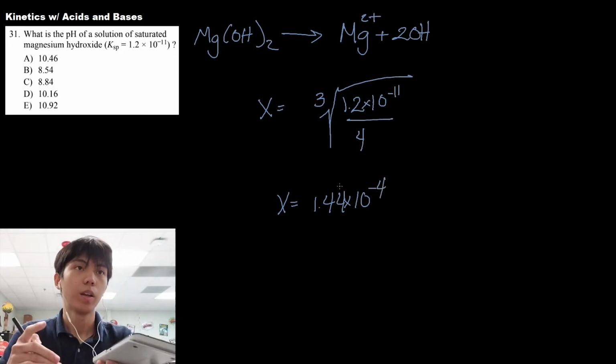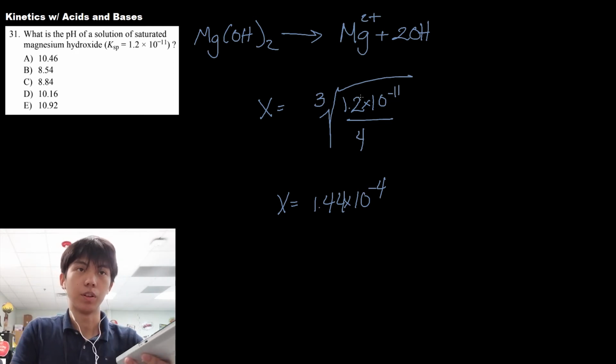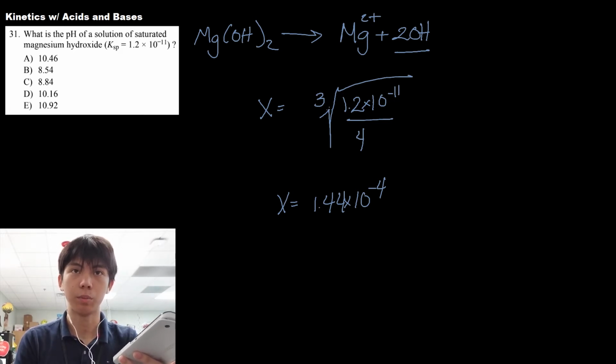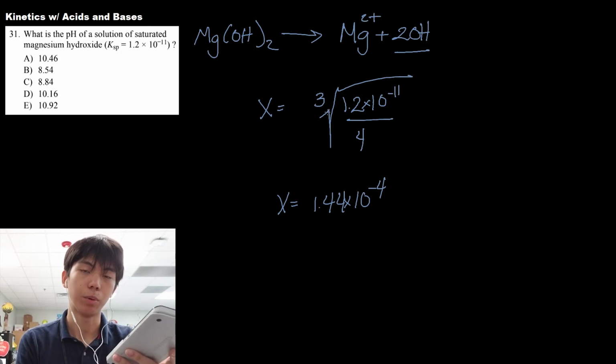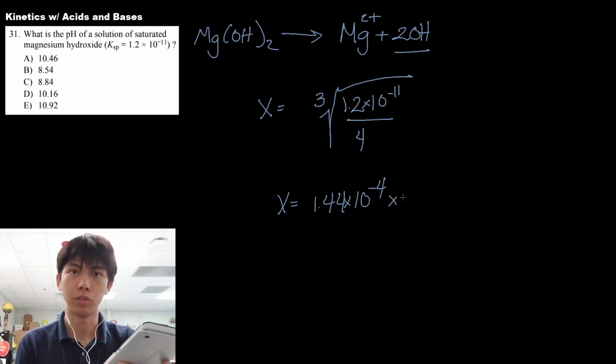And with that, we're not done yet though, because as you see here, we're looking for our pH. And what we're working with right now is hydroxides. And so for the molarity of hydroxides, you've got to multiply this x by 2, as you saw in our ICE box before. Multiplying it by 2 will give us our concentration of OH, basically.